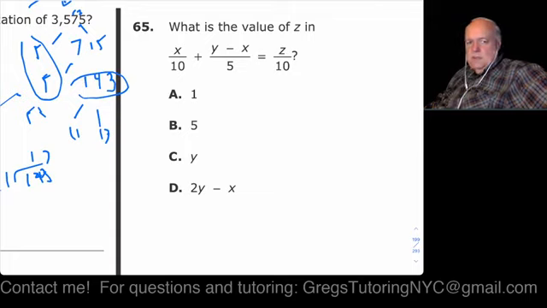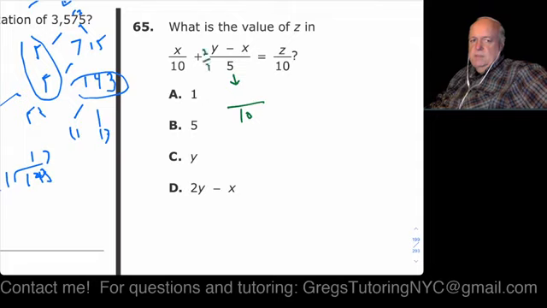One thing I can do is get this term here to have a 10 as the denominator. So I'm basically multiplying it by 2 over 2. I'm going to get 2 times y minus x, and then I'm going to retain the x over 10.